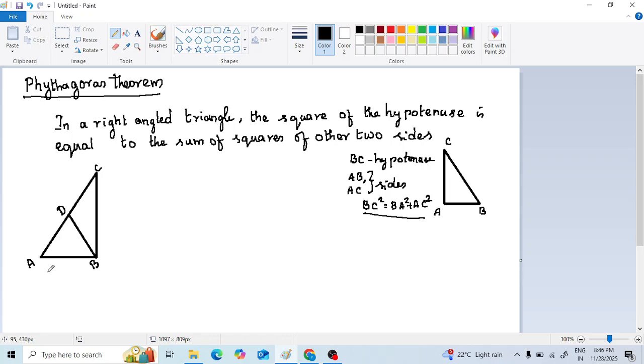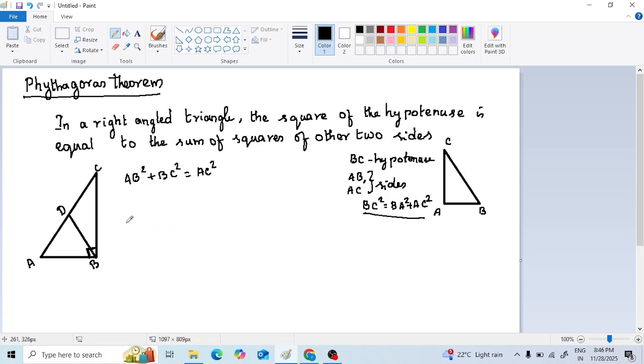Now we can say triangle ABC is given, and it is right angled. If you take this triangle, the right angle is at B. So according to the theorem we need to prove that AB square plus BC square is equal to AC square.